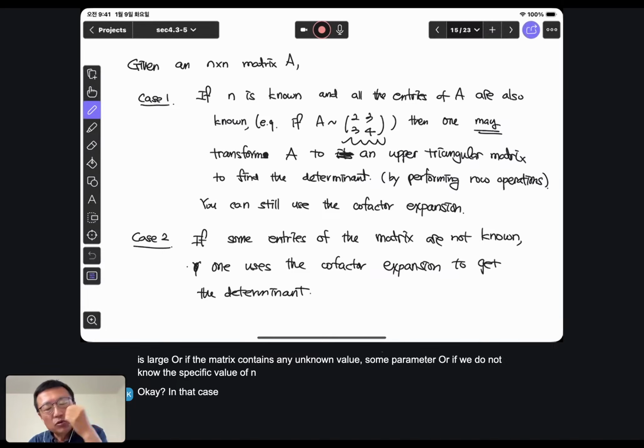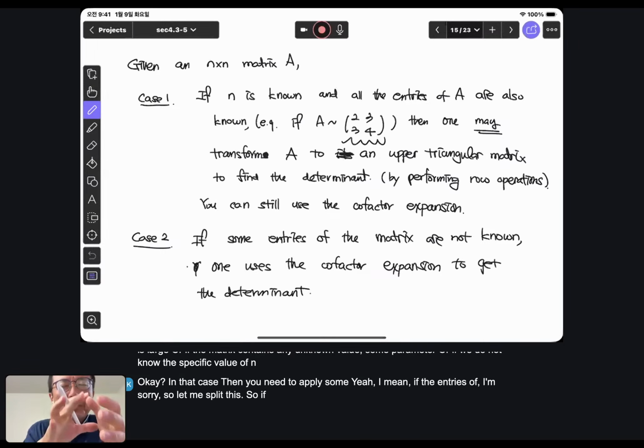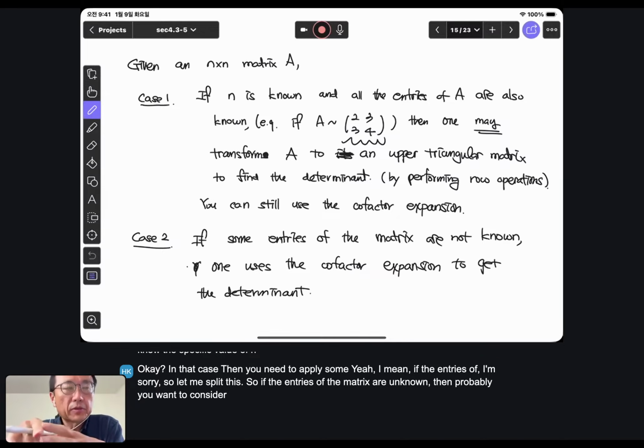then you need to apply some, I'm sorry, so let me split this. If the entries of the matrix are unknown, then probably you want to consider the cofactor expansion.